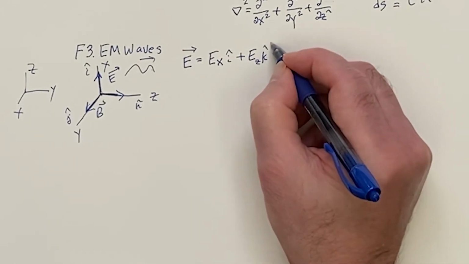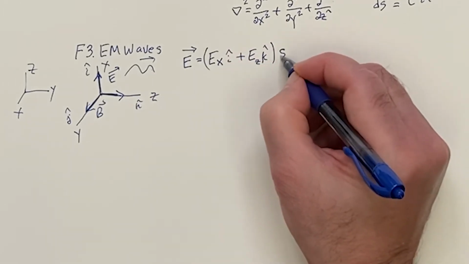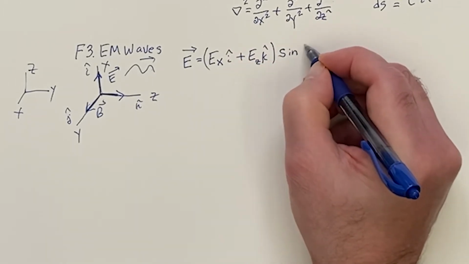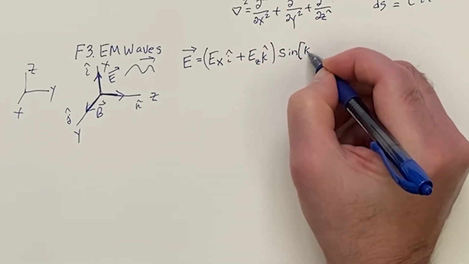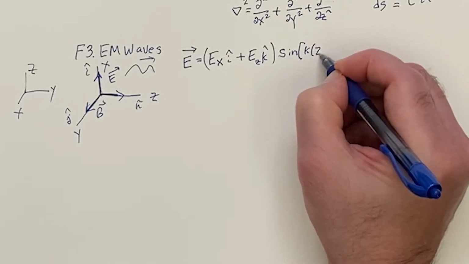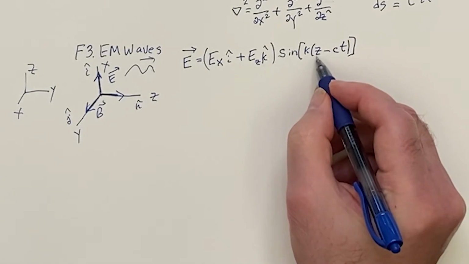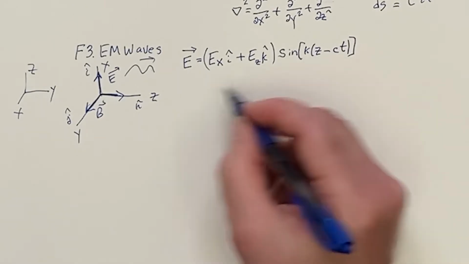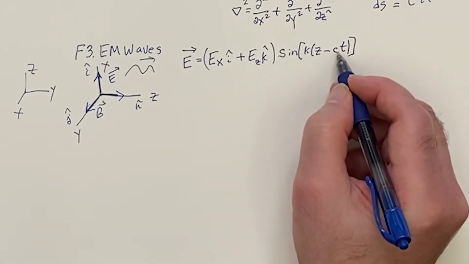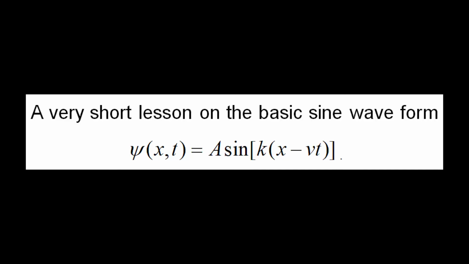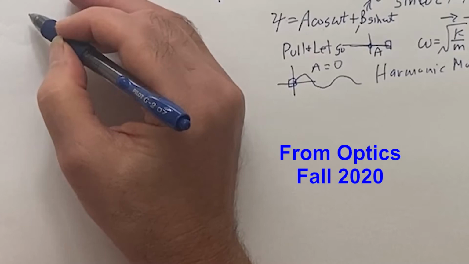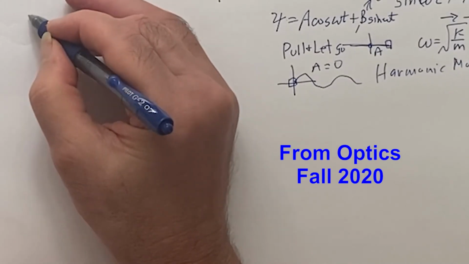And then the simplest wave is going to be a sine, the simplest oscillation function, of z minus ct. So we're traveling down the z-axis at speed c. We're basically dressing up the sine wave.